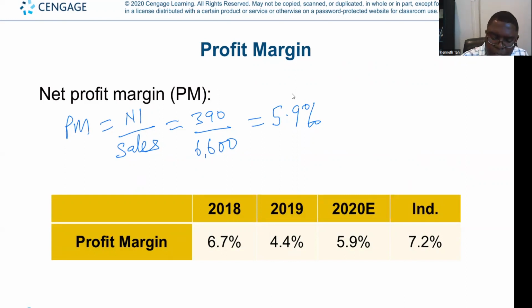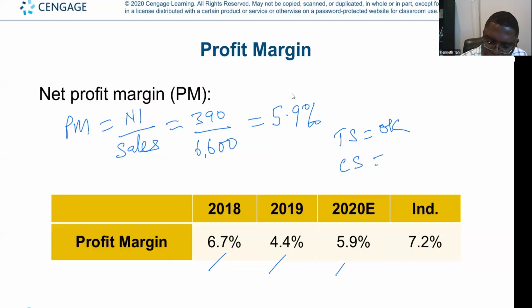So in 2018, the profit margin was at 6.7, and then the company dropped significantly. They are doing poorly in 2019, but they improved again slightly, not to where they were in 2018, but an improvement. So time series, we can say the company is okay.